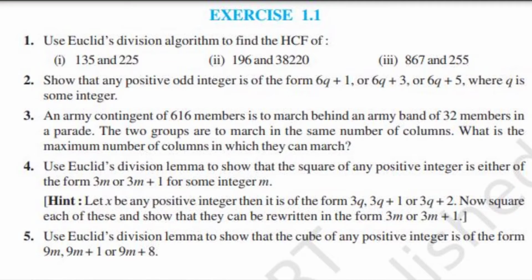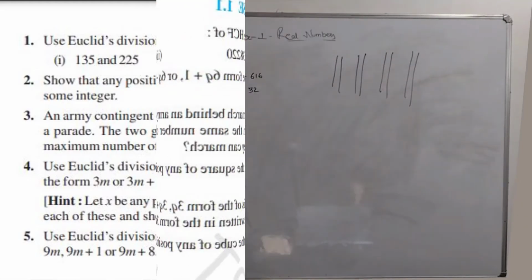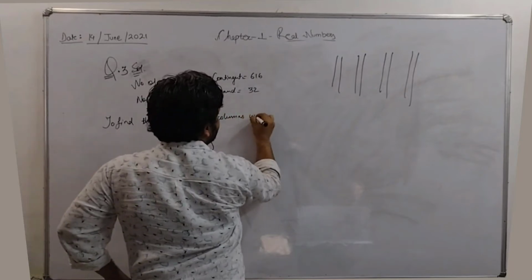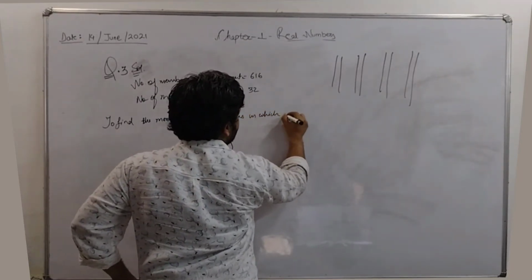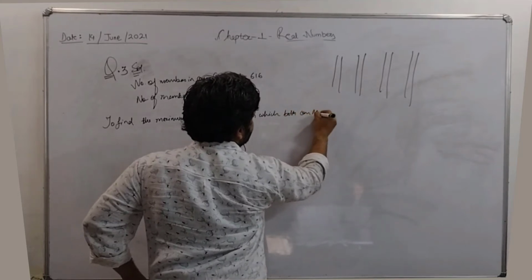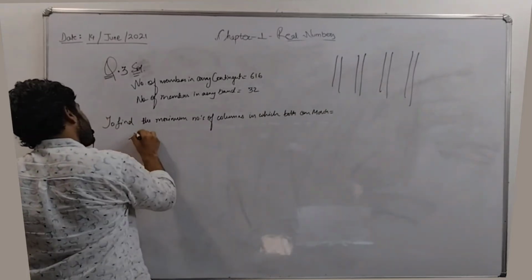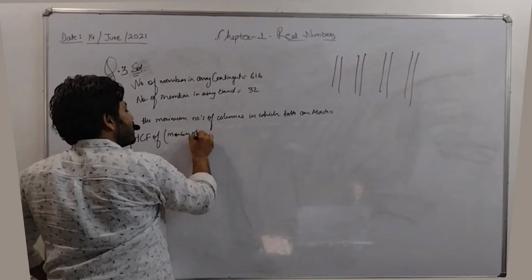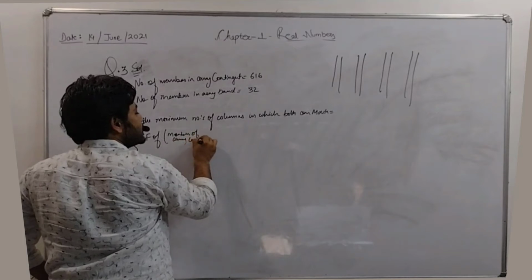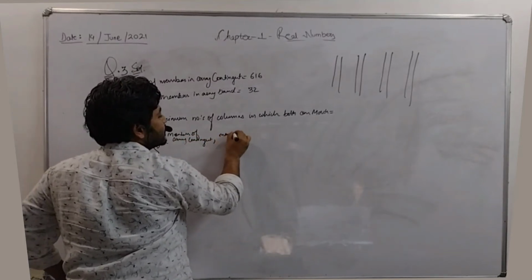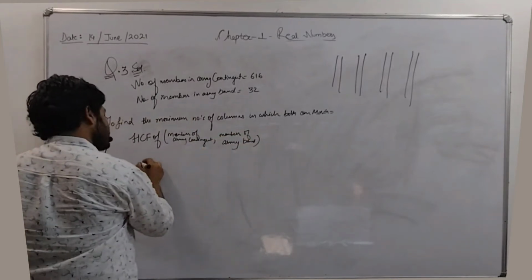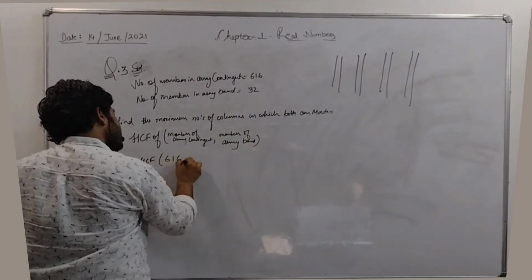What we have to find: the maximum number of columns in which both can march is equal to HCF of members of army contingent, members of army band. So HCF of 616 and 32.